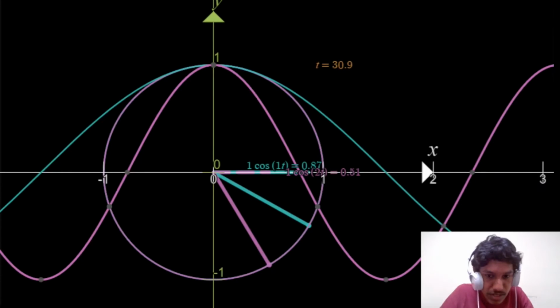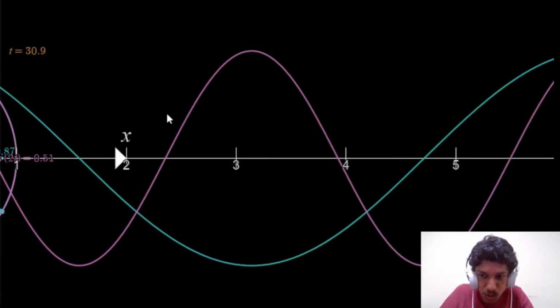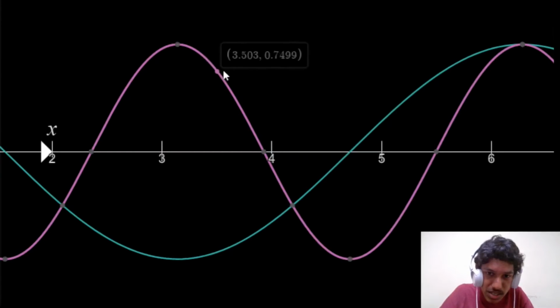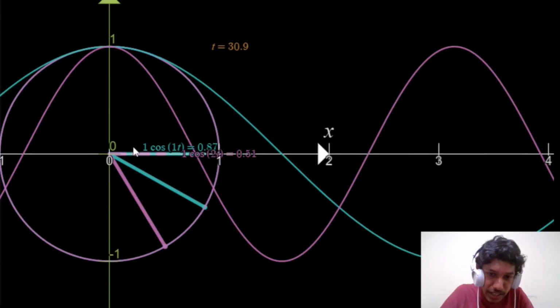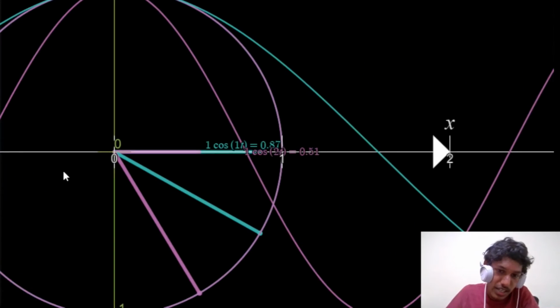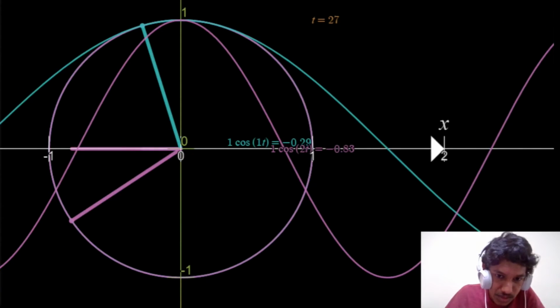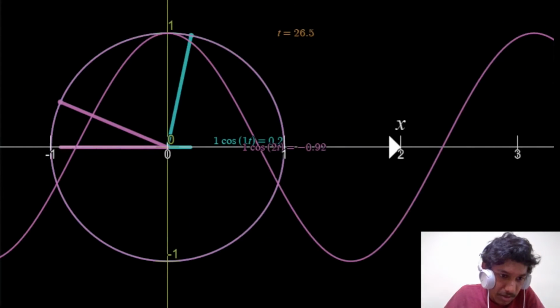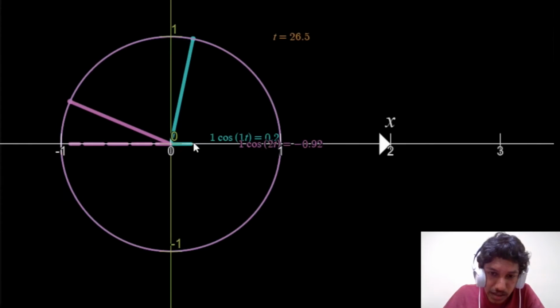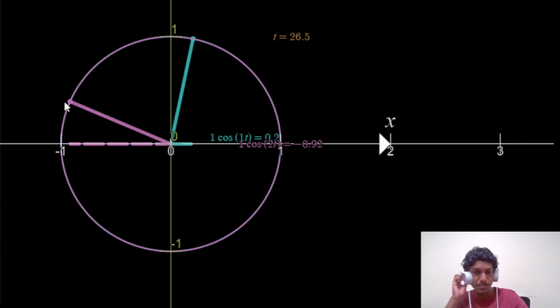You can see what these graphs are really showing us is the signed length of these lines, the dotted lines along the x-axis. Let me maybe turn these off. And so basically, the purple one's spinning twice as fast.